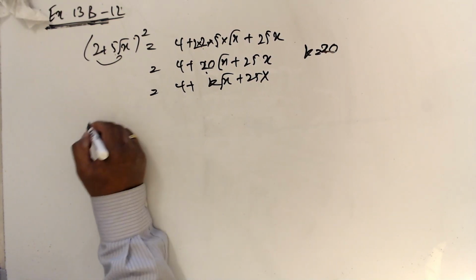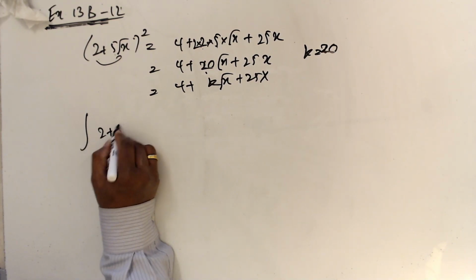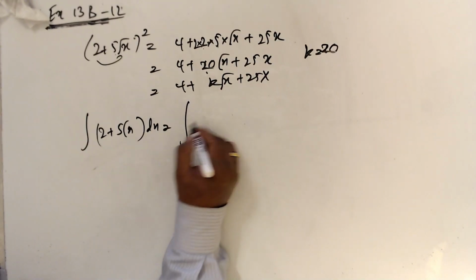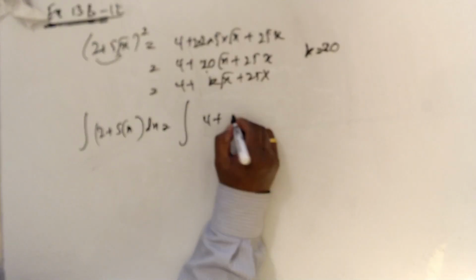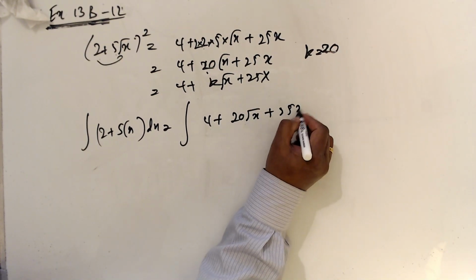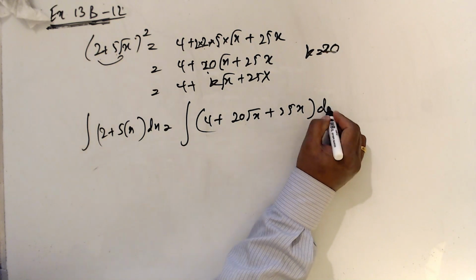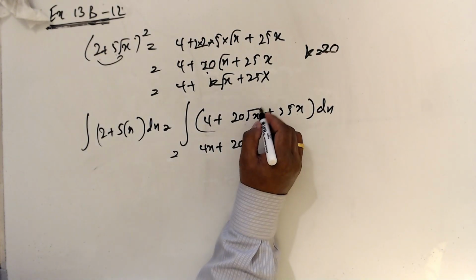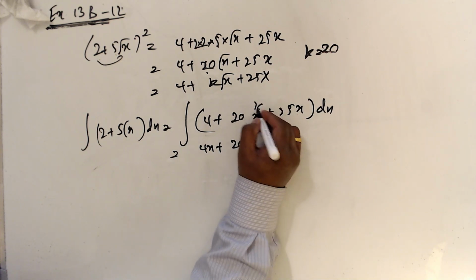Now we want to integrate this one, 2 plus square root 5x dx, which is this one, 4 plus square root 20x plus 25x dx. So this is going to be 4x plus 20. I can write this one as half.